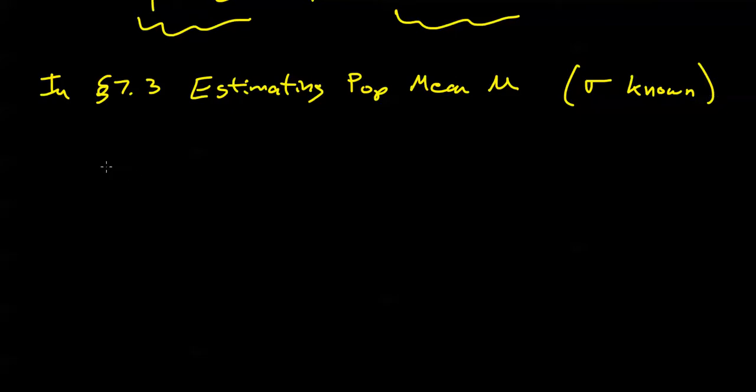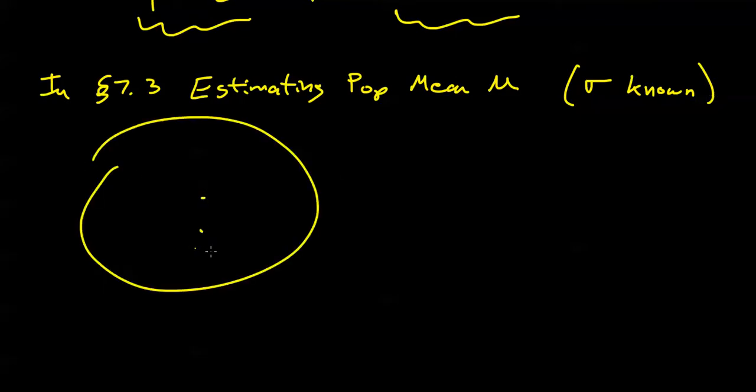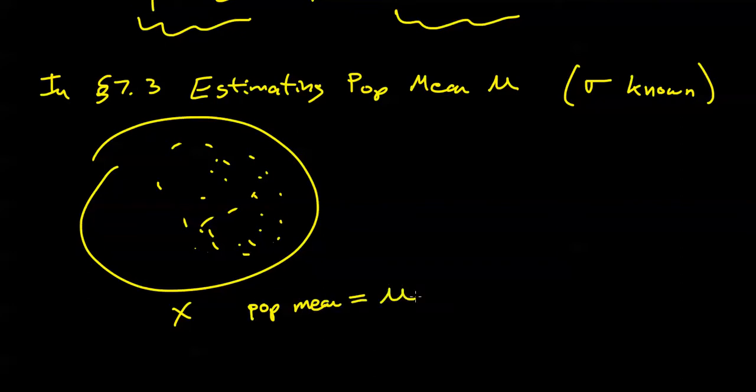So graphically, I've got a huge population with perhaps millions of numerical measurements. One might ask the question, what is the population mean of those measurements? Well, that symbol we use to represent population mean is mu. And of course, we never really know mu for sure because there's so many elements in this population.